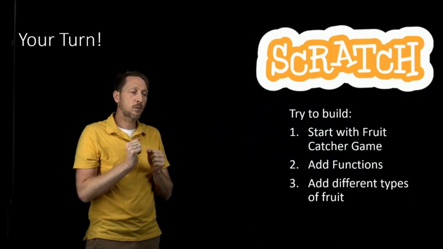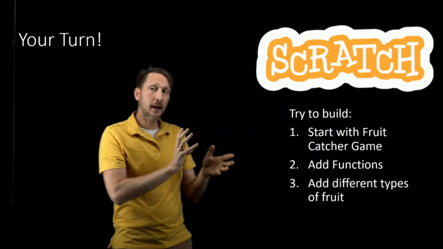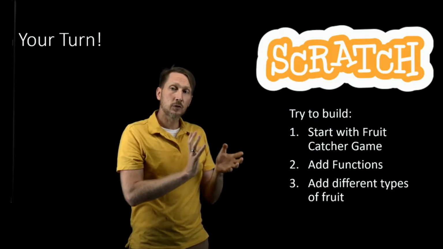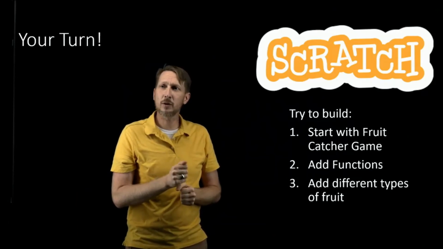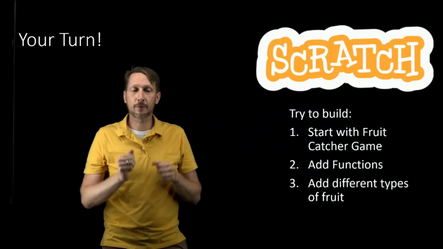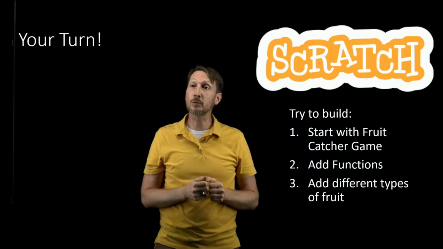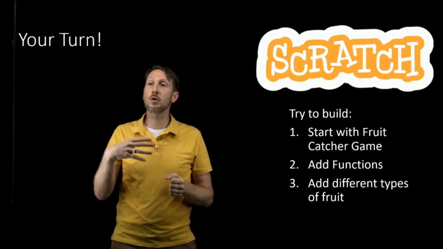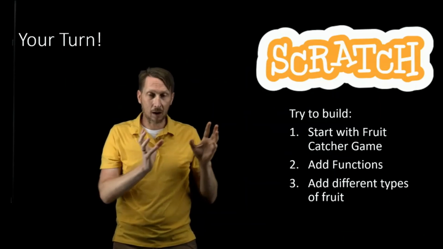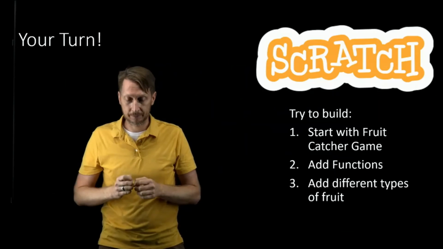Maybe you might want to try to modify that algorithm to where if it catches a bad thing, so maybe you're going to catch a stick, and if you catch a stick, you don't want that in your fruit bowl. So you would actually subtract from the score. You'd make the score worse and make a bad sound instead of the good sound.